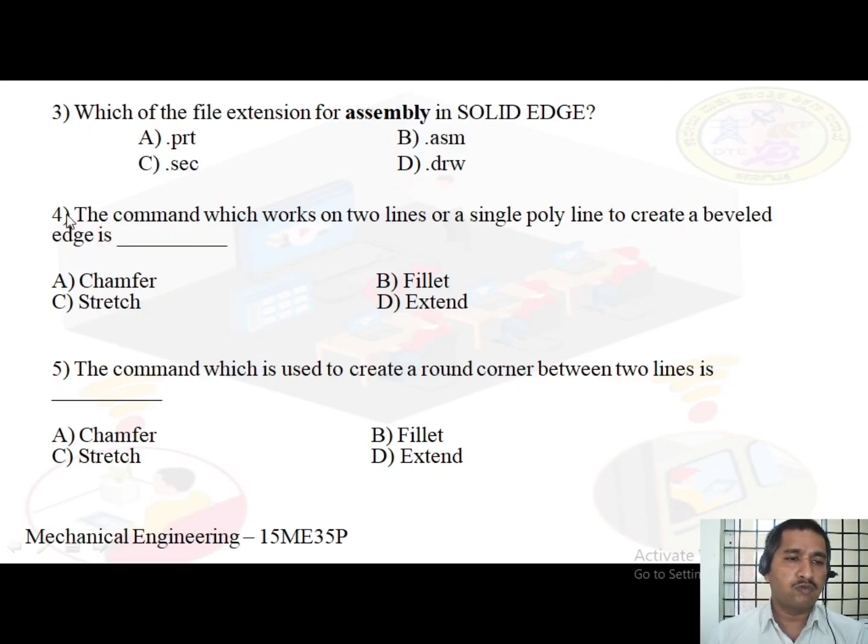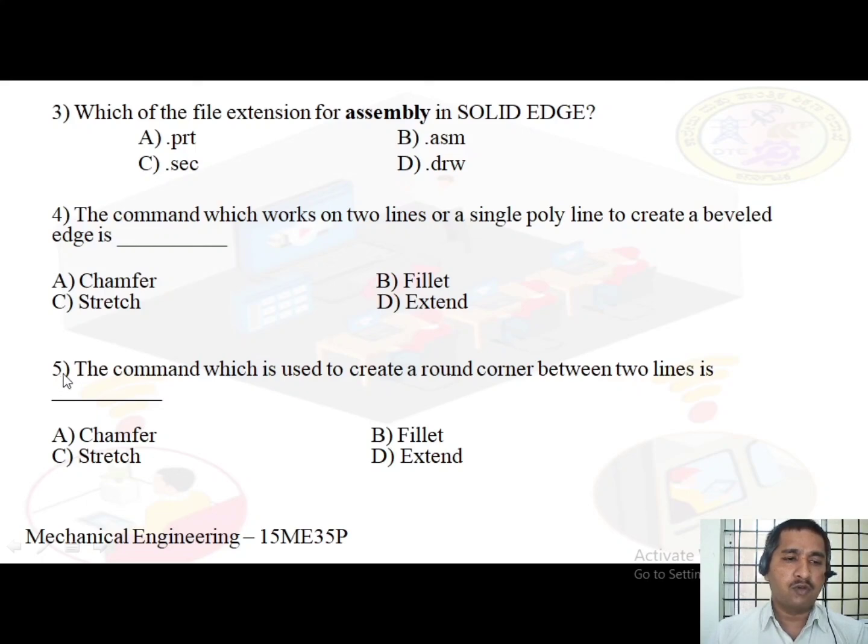Next, the fourth question. The command which works on two lines or a single polyline to create a beveled edge is: option A chamfer, B fillet, C stitch, D extend command. Option A, chamfer, is the correct answer because chamfer works on two lines or a single polyline to create a beveled edge.